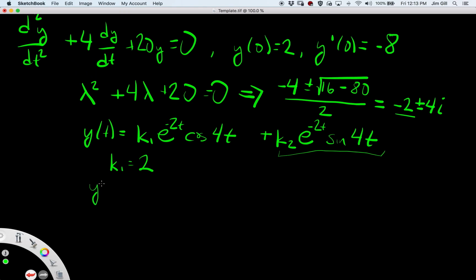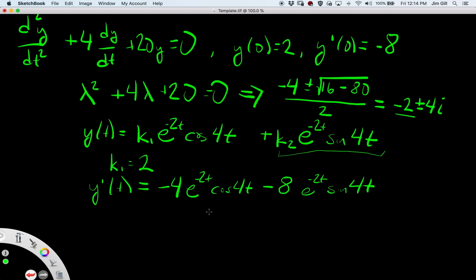Okay, so then we can figure out what the derivative of y is. k1 is equal to 2, so the derivative gives us negative 4 e to the negative 2t cosine 4t. Then, of course, we have to use the product rule, and we get negative 8 e to the negative 2t sine 4t.